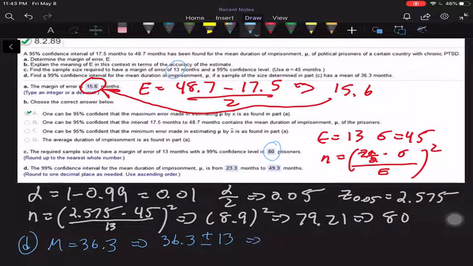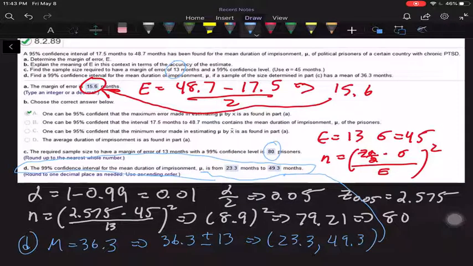So that gives us 23.3 on the lower end and 49.3 on our upper end. So we're left with this answer here. The 99% confidence interval for the mean duration of imprisonment mu is from 23.3 months to 49.3 months.